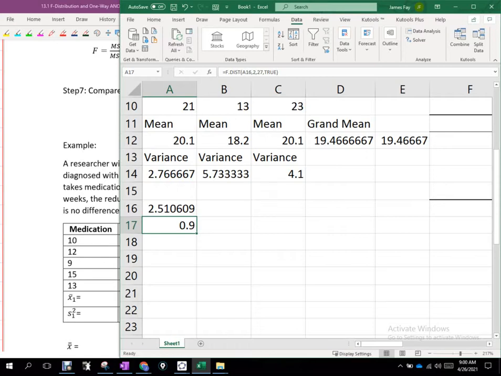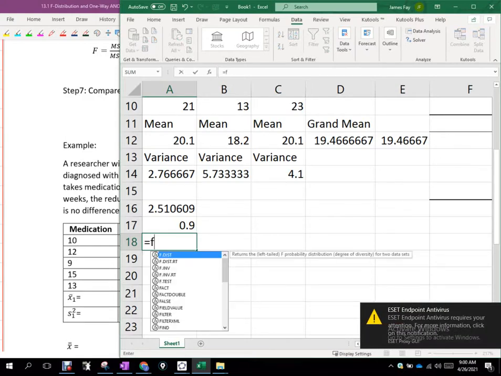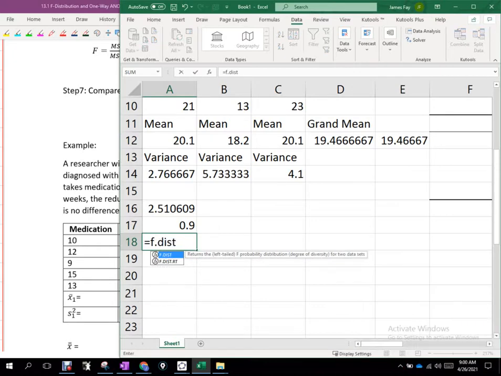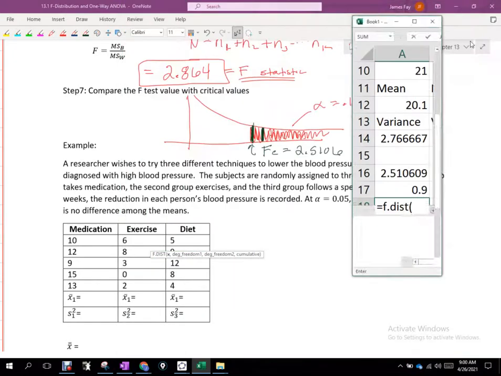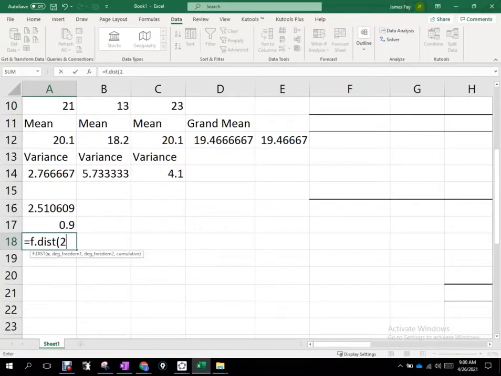What I'm trying to show you is that if I want to find the p-value of our F statistic, I can take F.DIST, type in my test statistic, which is 2.864, degrees of freedom 2, degrees of freedom 27, hit enter.